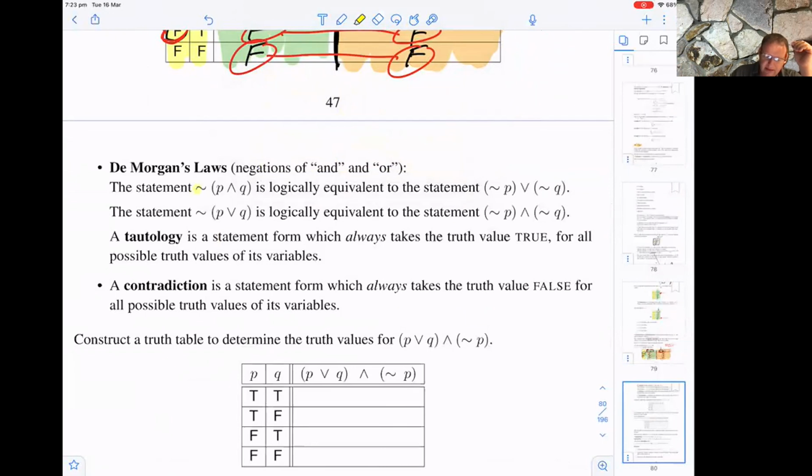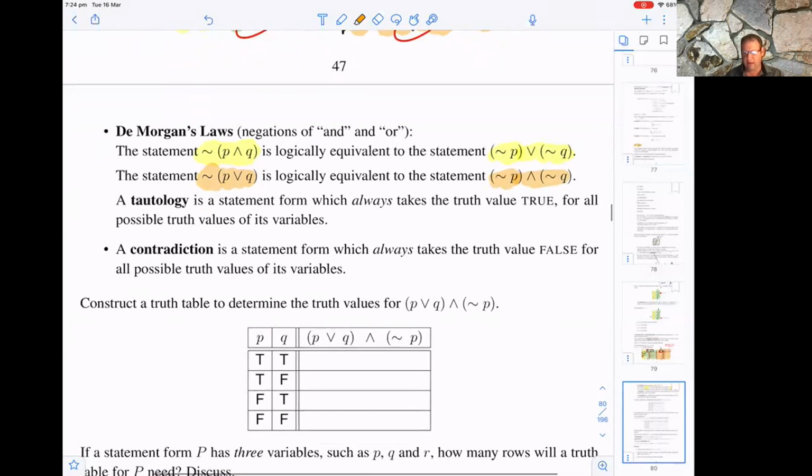So you can say, not (P and Q) is the same as not P or not Q. Or the alternative form, not (P or Q) is not P and not Q. There's De Morgan's for sets and De Morgan's for logical statements, and they're the same idea.